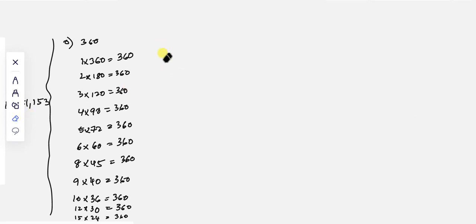So we write the factors of 360: 1, 2, 3, 4, 5, 6, 8, 9, 10, 12, 15, 24.